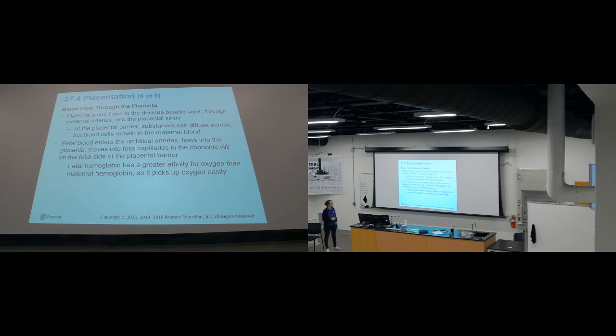So, the blood flow through the placenta. The maternal blood flows through the pseudobasalis layer, through the maternal arteries into the placental sinus. And then as this happens, you have circulation of blood in the fetus entering by these umbilical arteries into the capillaries in the chorionic villi.